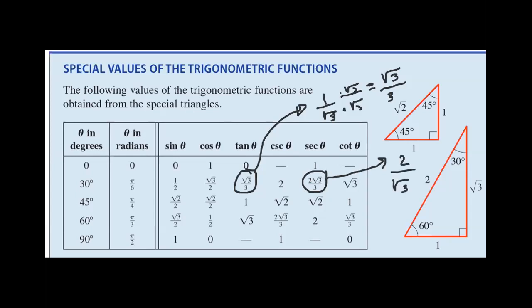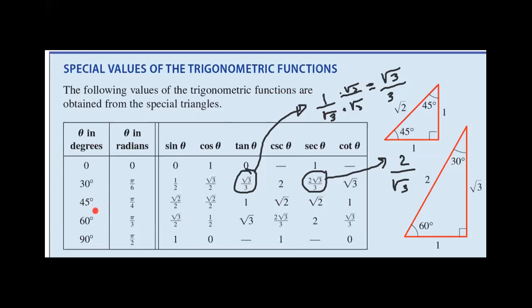Or by the same idea, rationalizing the denominator, we multiply both by square root of 3 and get the same thing. The cotangent is 1 over tan, which is 1 over square root of 3, so we invert this fraction and we get square root of 3.